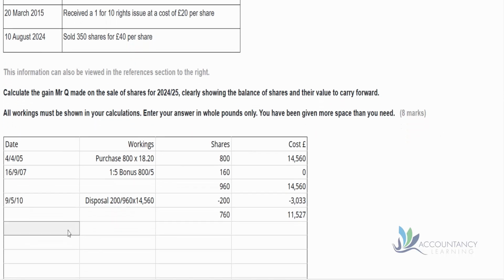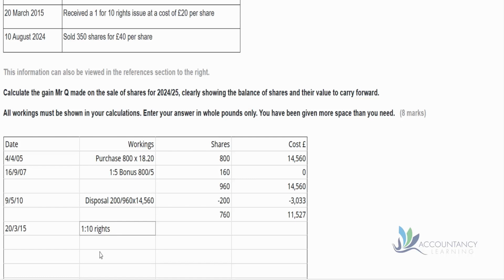So this is now on the 20th of March 2015, where we received a 1 for 10 rights issue. So how is this different to a bonus issue? So a bonus issue is where we give shares for free to our shareholders based on a certain proportion.